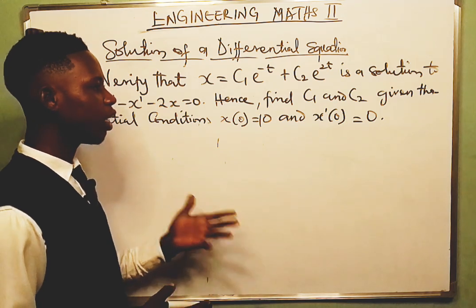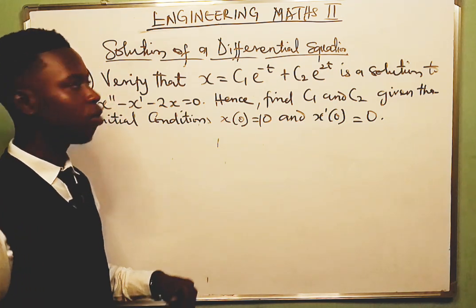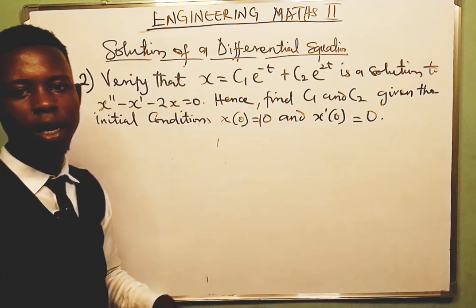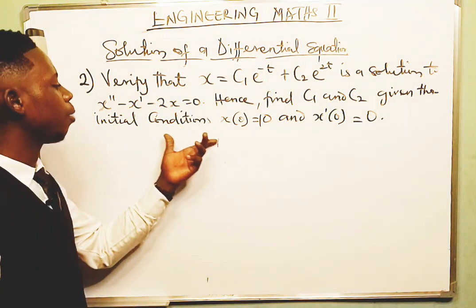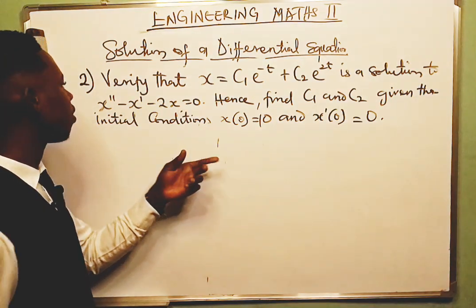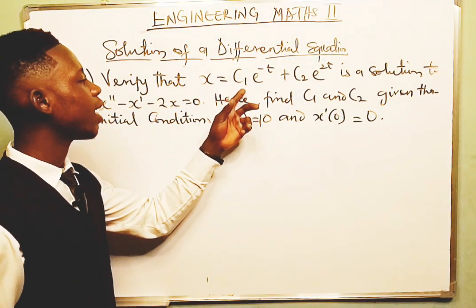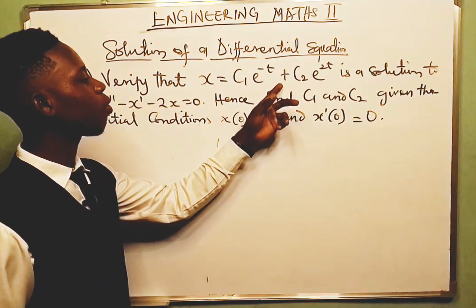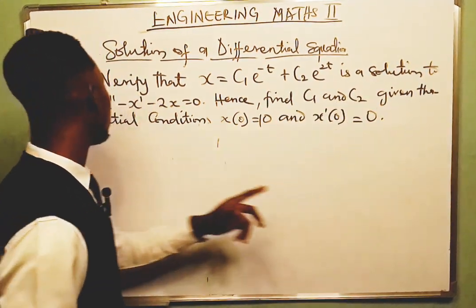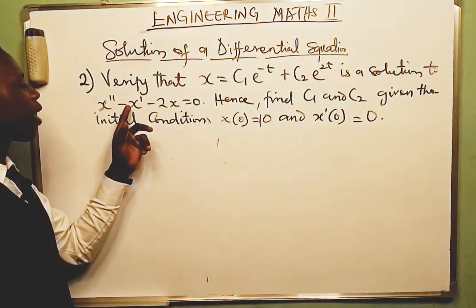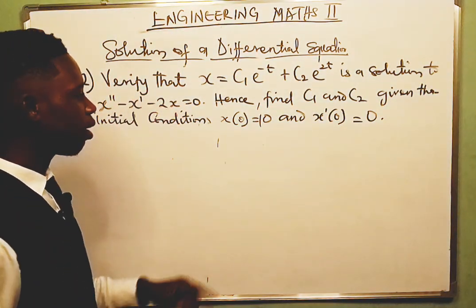This is the third edition of this class, still under the same topic, solution of a differential equation. Now, we have a problem here to solve, which is: verify that x equal to c1 exponential minus t plus c2 exponential 2t is a solution to x prime prime minus x prime minus 2x equal to 0.